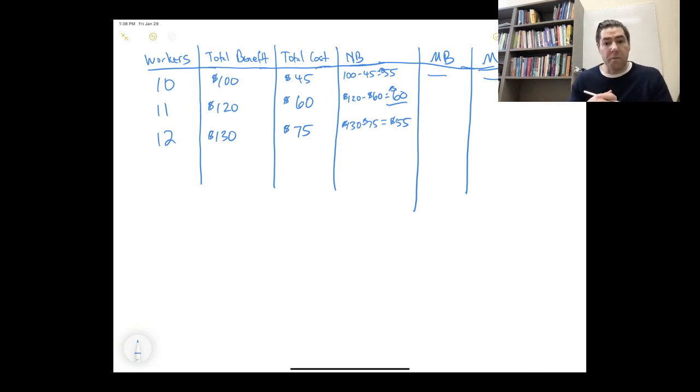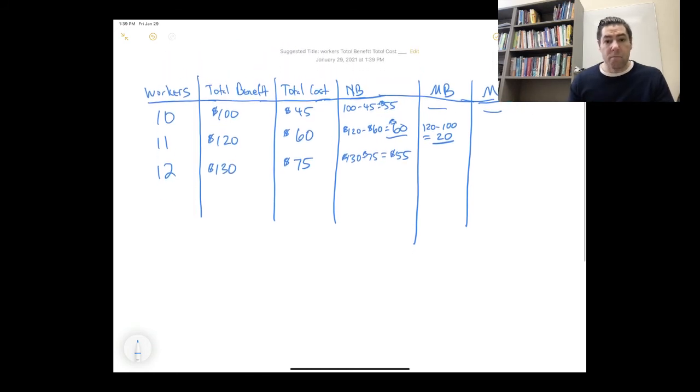I don't know what was happening at 9, so I can't calculate that. But I can ask, what's the marginal benefit of adding the 11th worker? The marginal benefit is the change in my total benefit. The change in my total benefit is 120 minus 100, or $20. So by adding the 11th worker, I add $20 to my benefit.